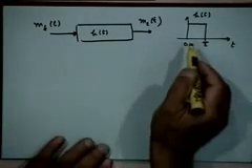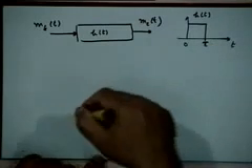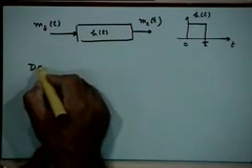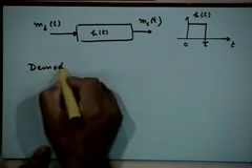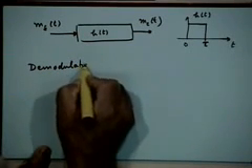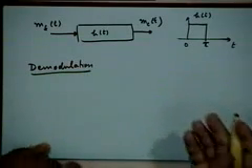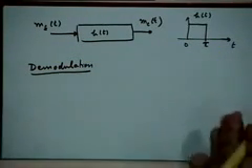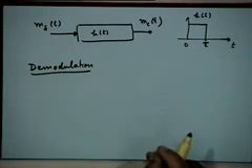Now, if you do this kind of a sampling, what happens to the recovery process? How will you demodulate? So, the modulation process is really very simple. Modulation process is generating these pulses whose amplitudes are proportional to the message signal.